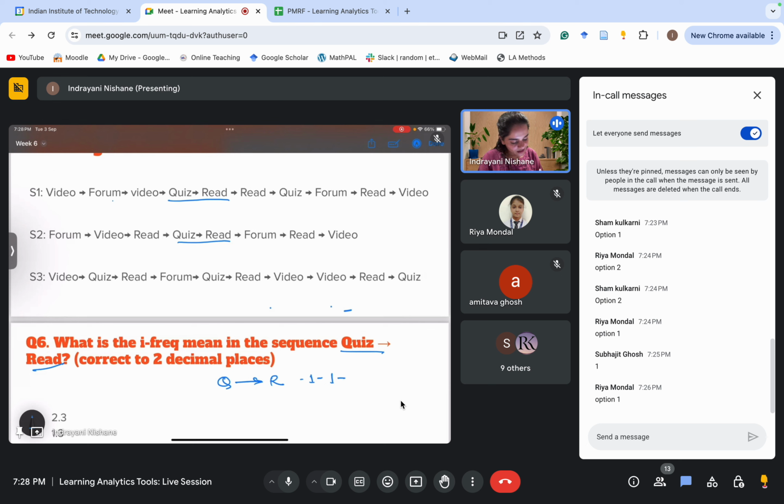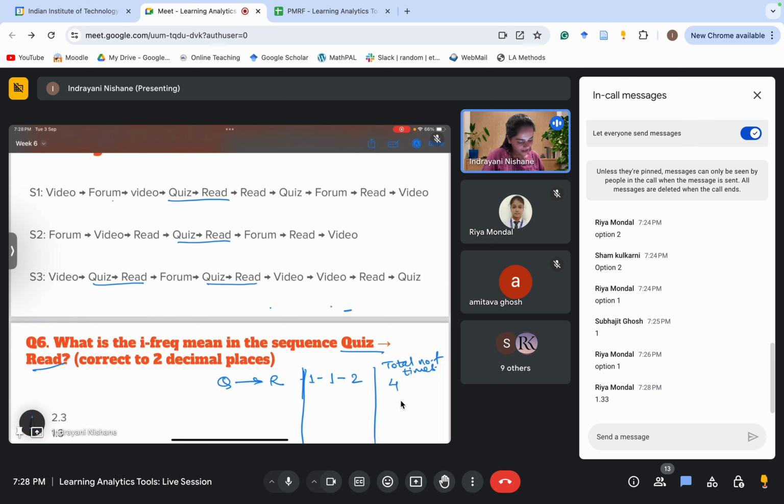Then quiz to read at S3 has occurred once, twice, yeah, that's it, twice. So this is how many times it has occurred for each student. So what is the total number of times? Four times it has occurred.